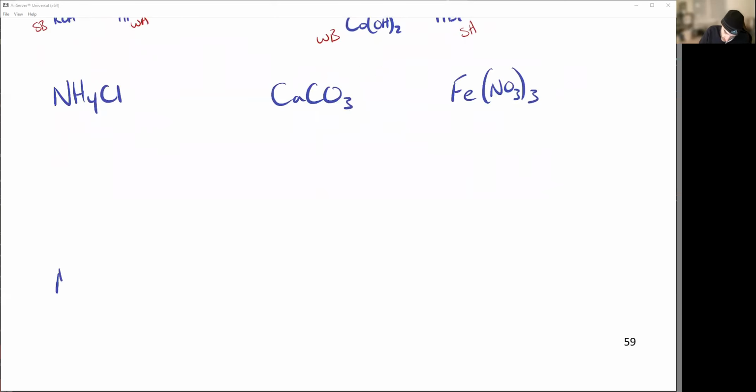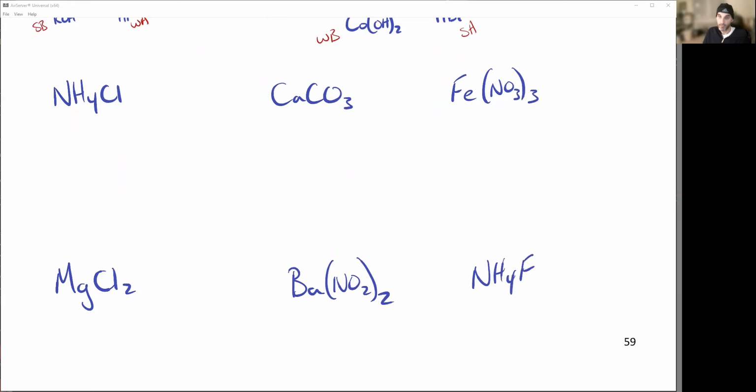We're going to do MgCl2. Let's do barium nitrite. And let's do NH4F. Tell me if those are acidic, basic, or neutral based on how they can hydrolyze water.